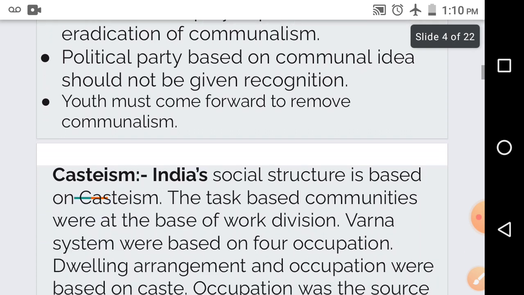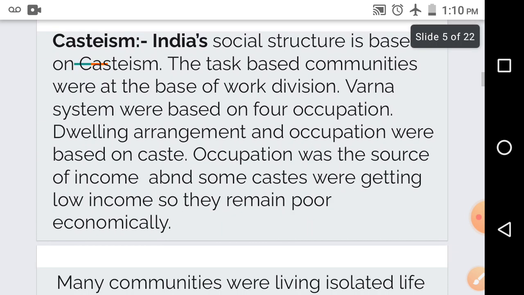Let us see the next topic, that is casteism. India's social structure is based on casteism. The earlier concept of casteism was different from what it is today. To fulfill the basic needs of the society, task-based communities were at the base of the work division.